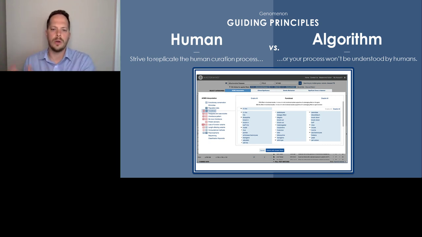So the algorithms that we invoke are attempting to be faithful to the human process, just infinitely faster, but in a way that the results can be readily interpreted by the human user.